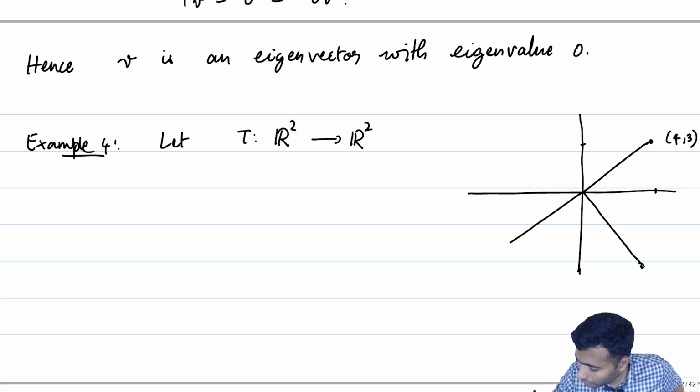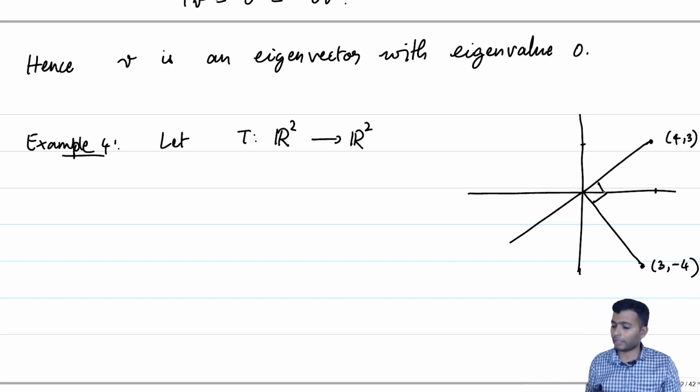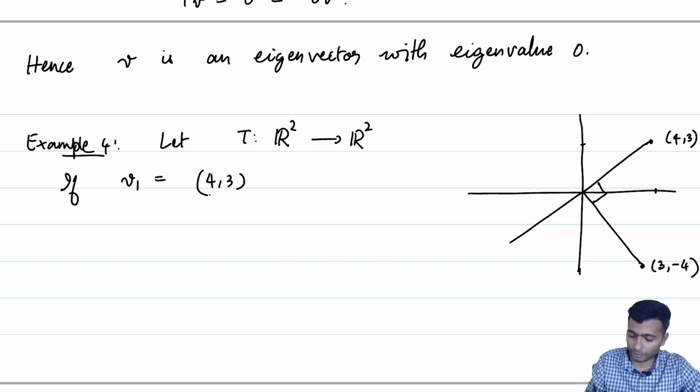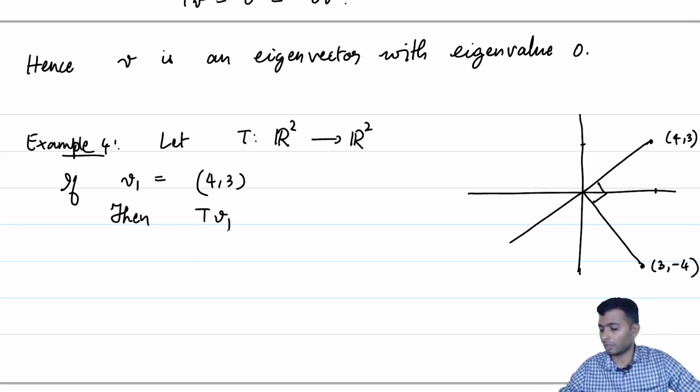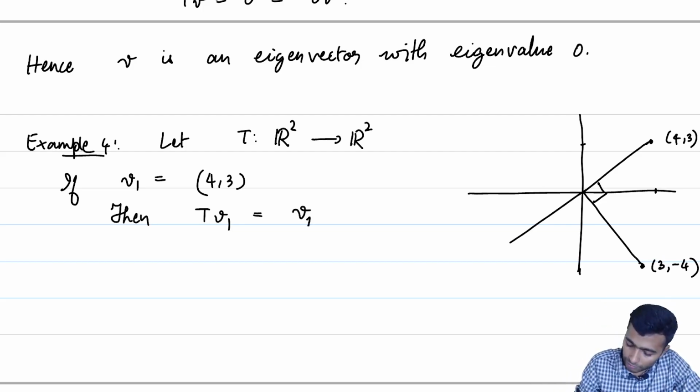This point will just turn out to be (3, -4), right. So, this is perpendicular. And what will T do to (4, 3)? Notice that if v1 is equal to (4, 3), then T v1, if you reflect the vector (4, 3) along the line joining 0 to (4, 3), it does not do anything to it, it just fixes it, right. So, this is equal to our v1.